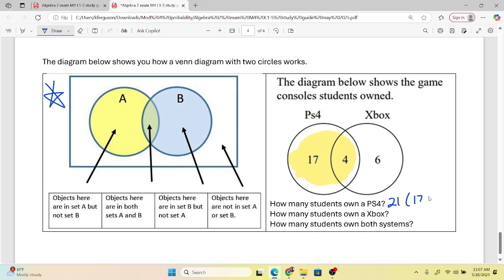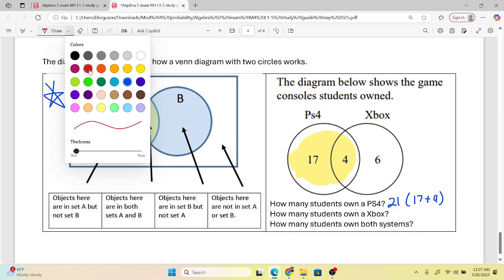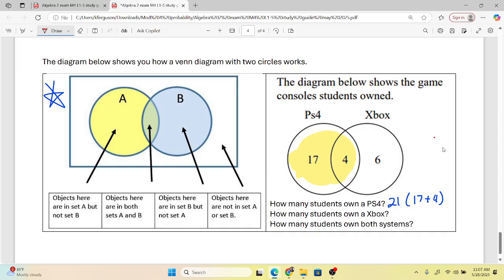That's the 17 plus the four. And conversely, how many students own an Xbox? 10. It's 6 plus 4. And then how many students own both systems? 4.